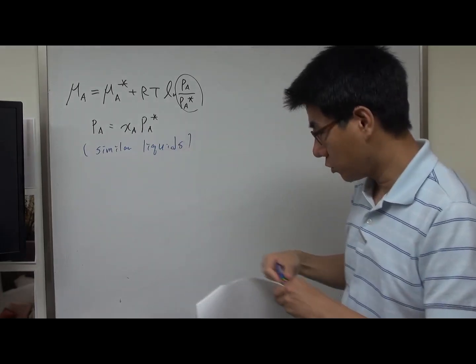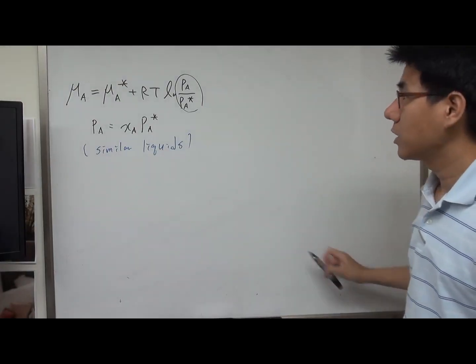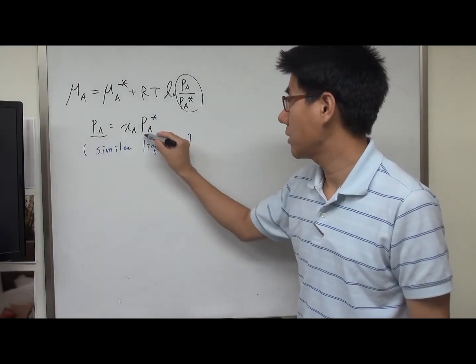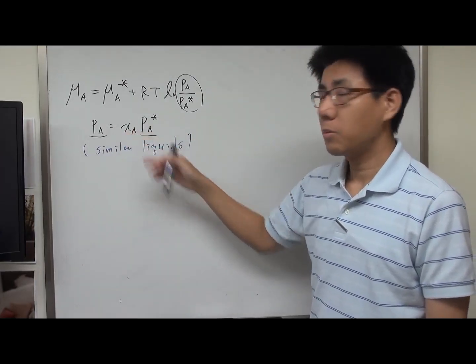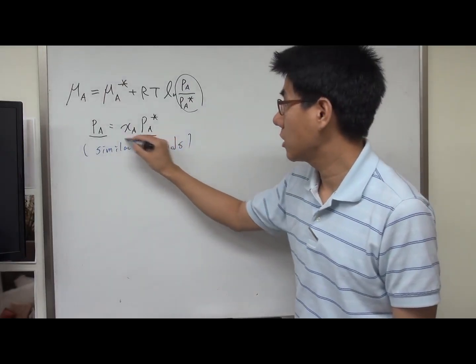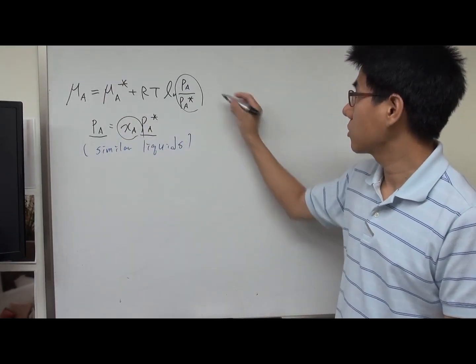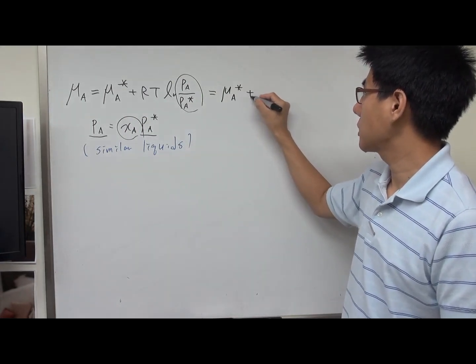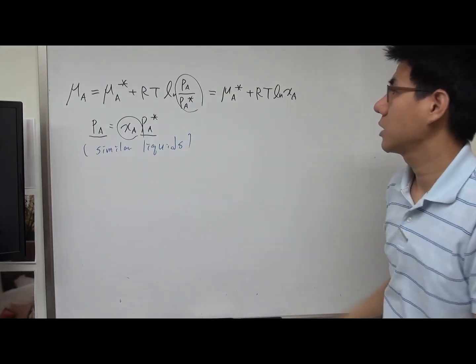By mixing two similar volatile liquids, he found that PA, vapor pressure in a mixture, and vapor pressure in pure form are proportional to each other with the constant of mole fraction of A. So which means that this expression can be rearranged as RT ln XA.